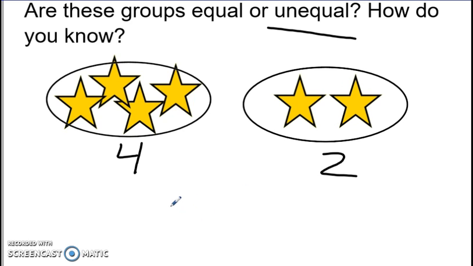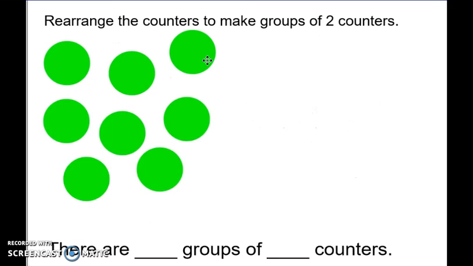Today, we are going to be working on making equal groups. So here we have counters, and we're going to rearrange these counters to make groups of 2 counters. So I'm going to take these and put them in groups of 2.